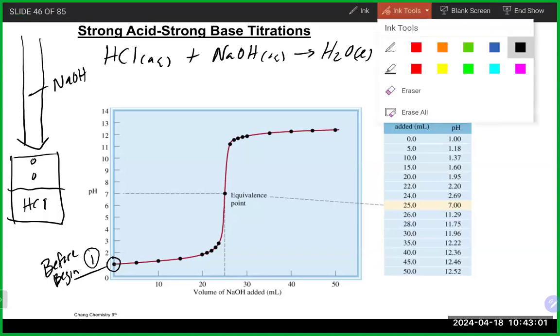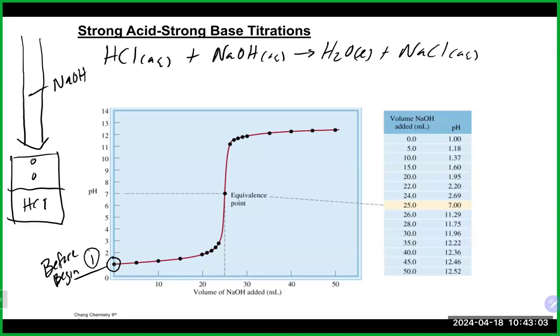Then you decide, I should probably titrate since I set it up. So from the very first drop all the way to the equivalence point is the second region in the titration. You've started your titration. In this case, you started adding some sodium hydroxide to your HCl. Then you come to that light pink area, perhaps, of the equivalence point, and that is really the third part of the titration.